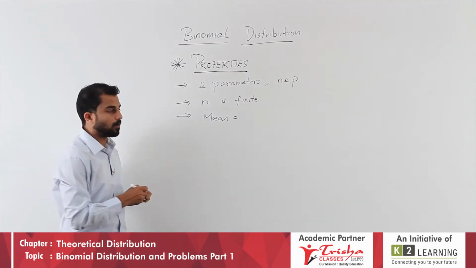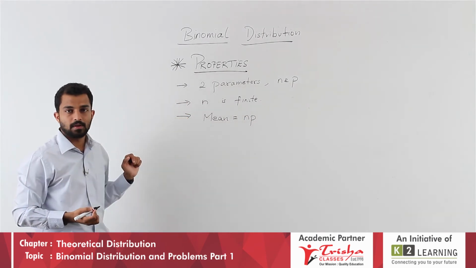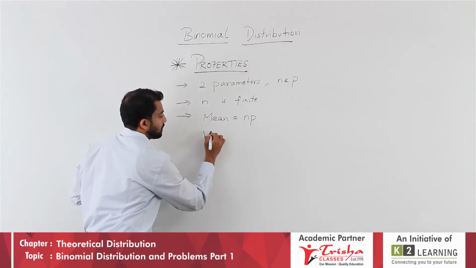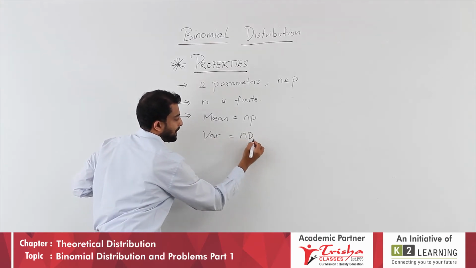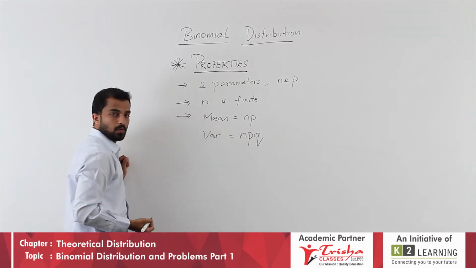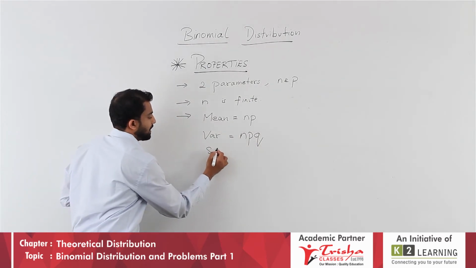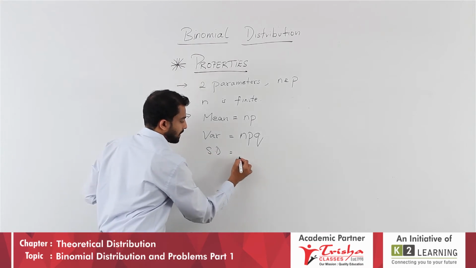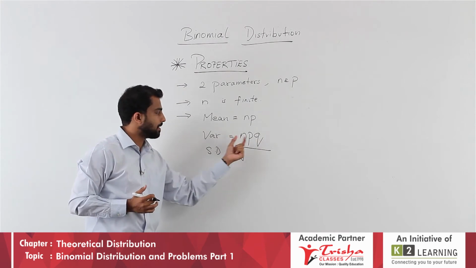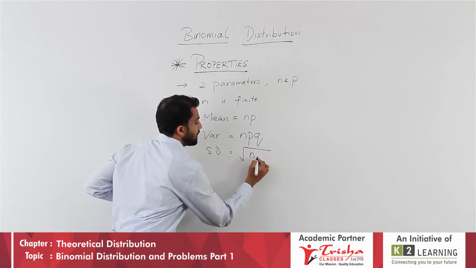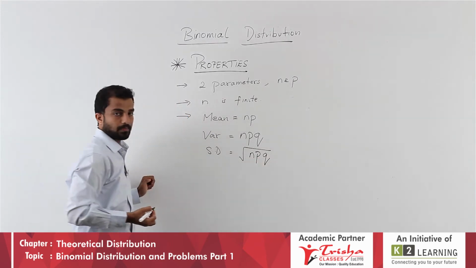So mean is equal to n into p. Variance is n into p into q. Standard deviation is, very simply, the square root of the variance, so it is the square root of n into p into q.